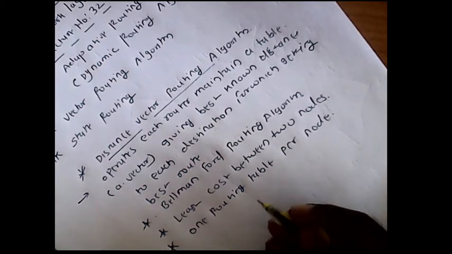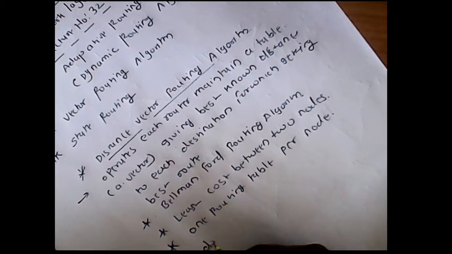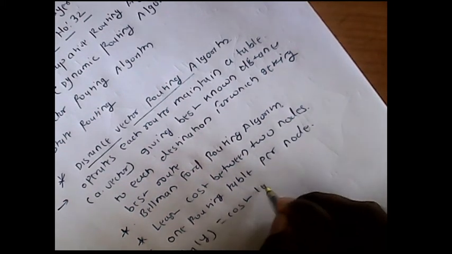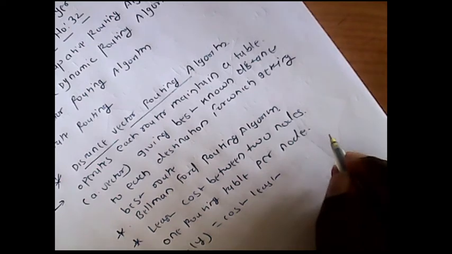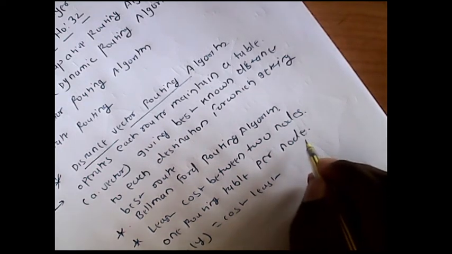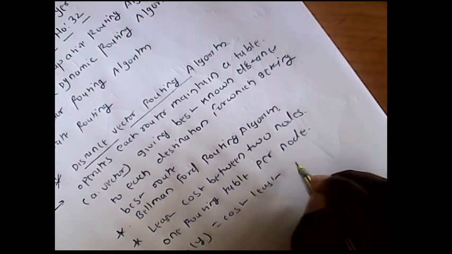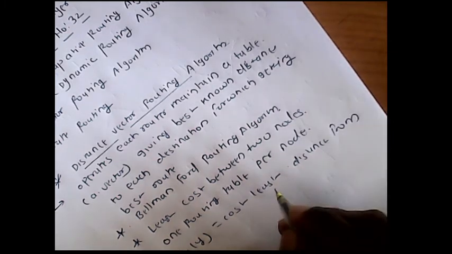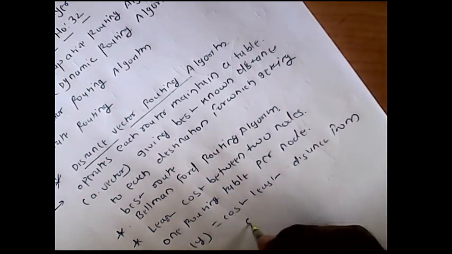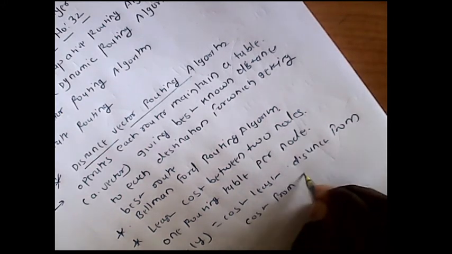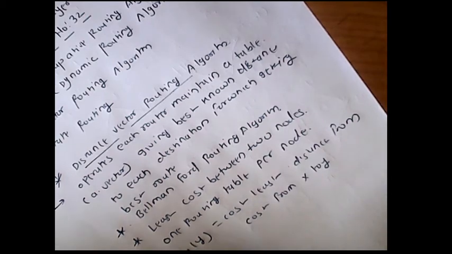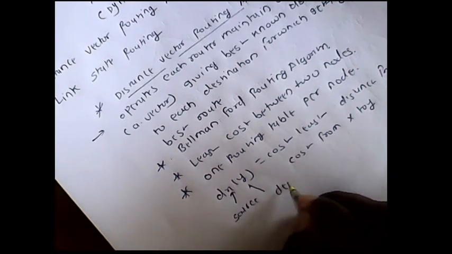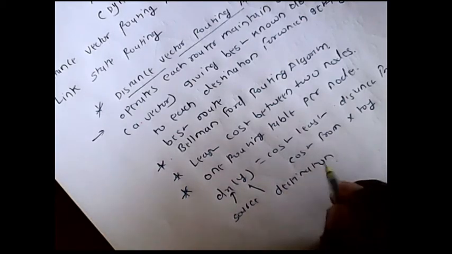We can define it in mathematical form: d of x to y is the least cost distance, the cost from x to y, where x is the source and y is the destination.